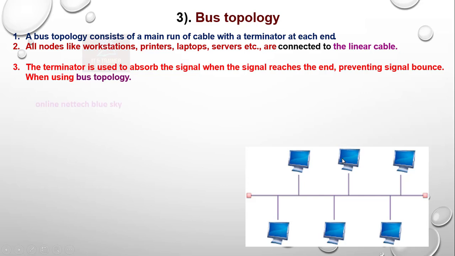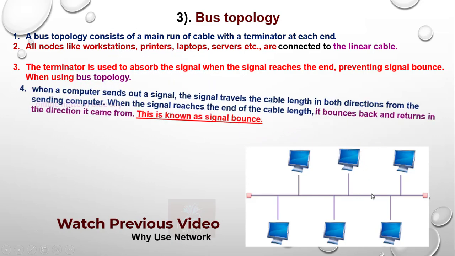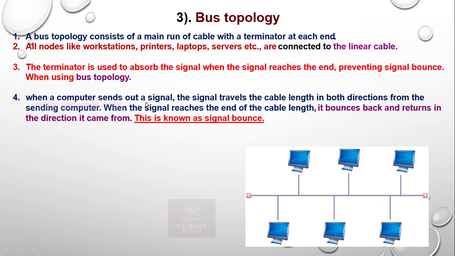Every computer depends on the main cable. When a computer sends out a signal, the signal travels the cable length in both directions from the sending computer.